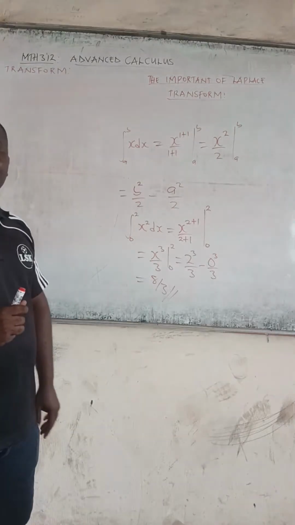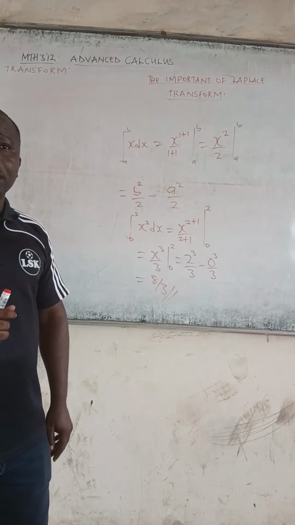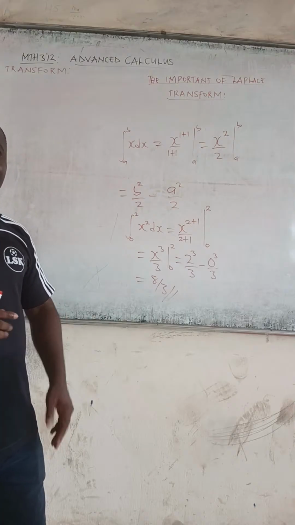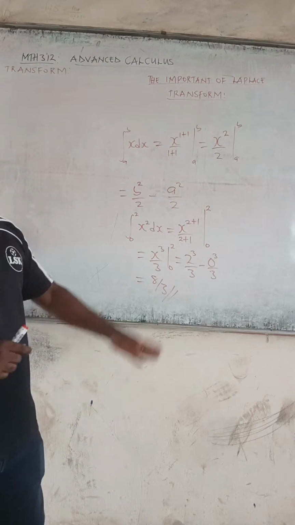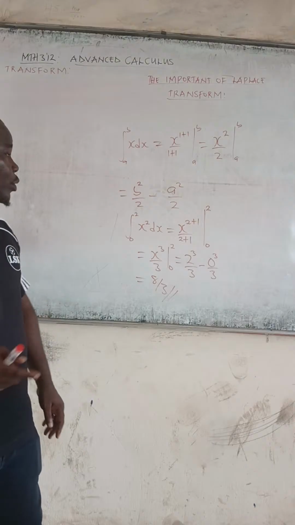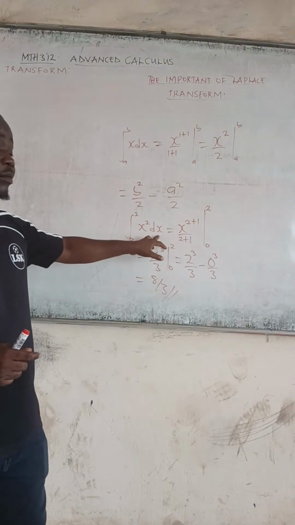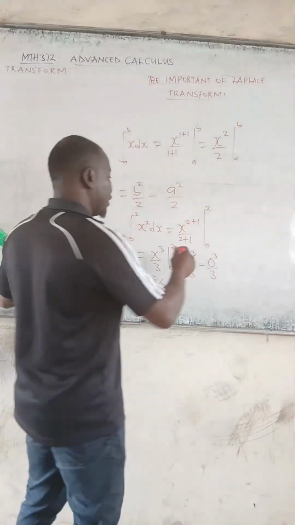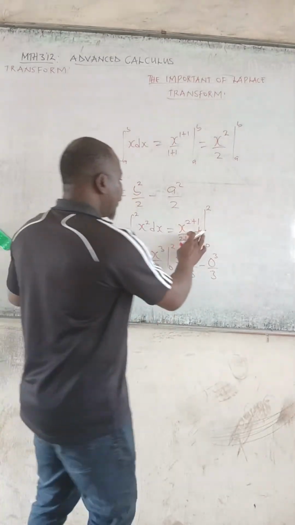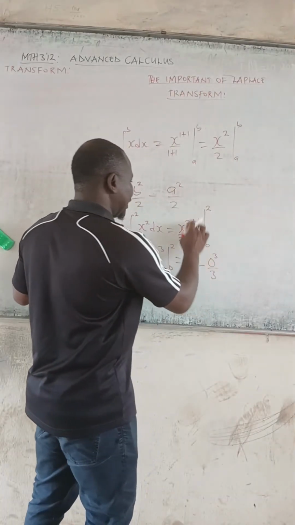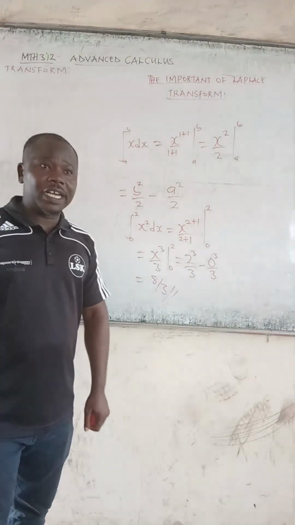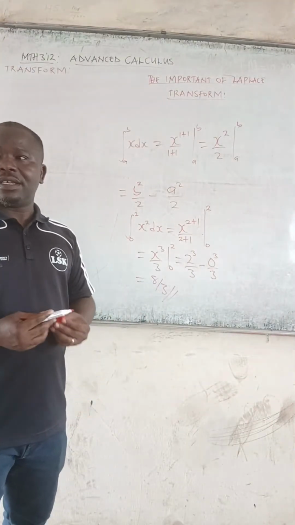The s has vanished now because you have already integrated the function. Supposing you do not integrate the function, it will remain like this. I know some of you are expecting it to be like this. No, this means that you have integrated this function, so the s will disappear. Is that clear?